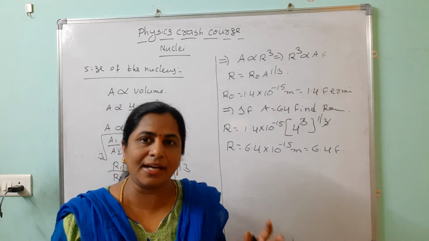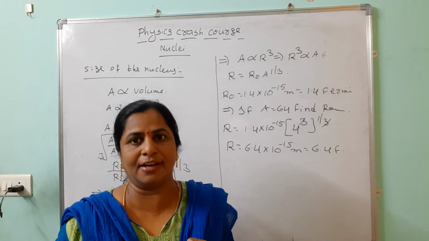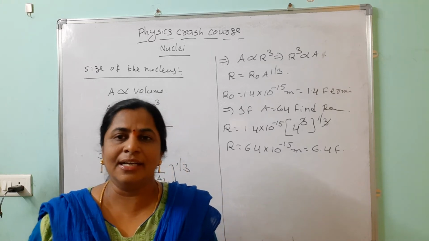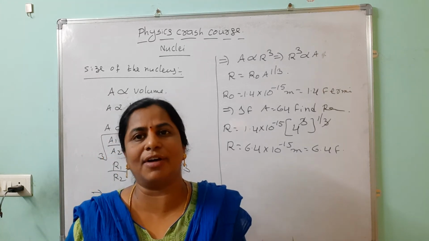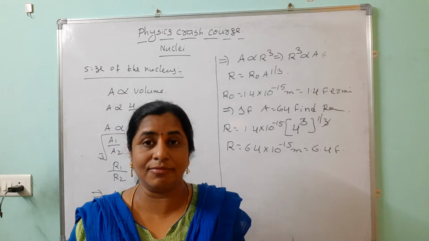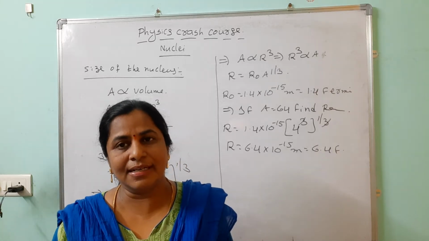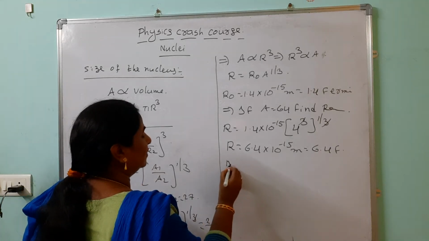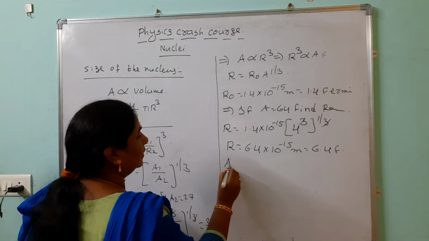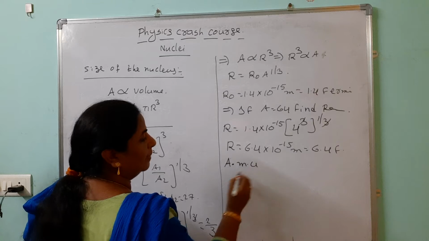When we find the mass of the proton, neutron, electron, atom and nucleus, they discovered one more unit, so that we can find it comfortably, that is the atomic mass unit.